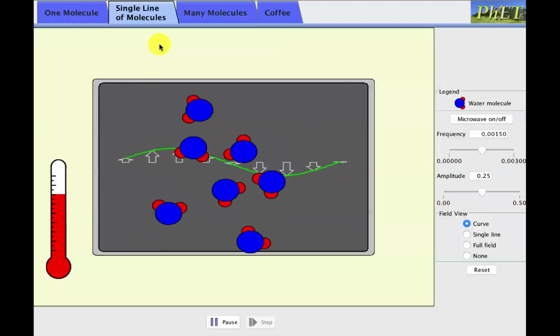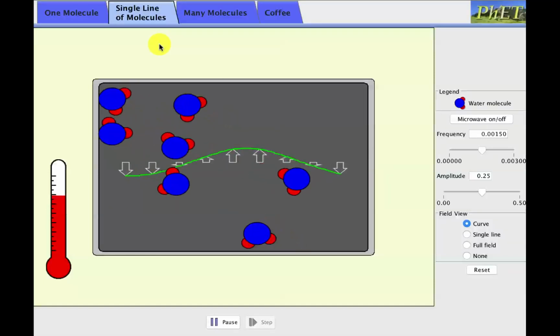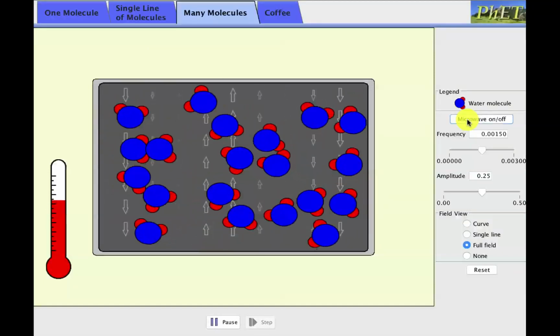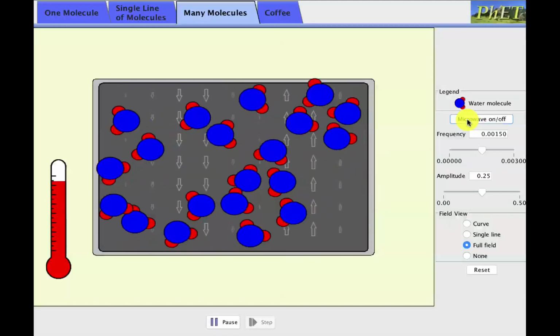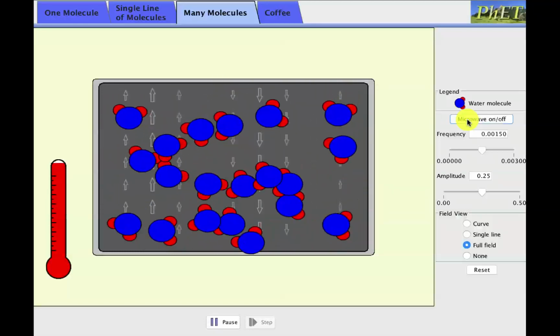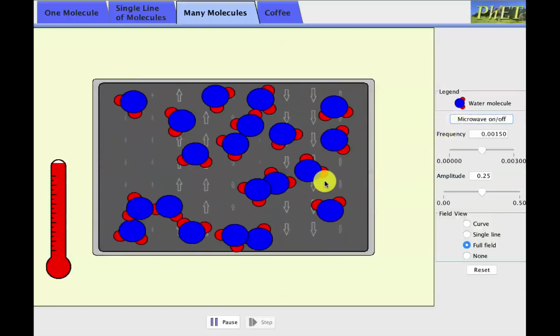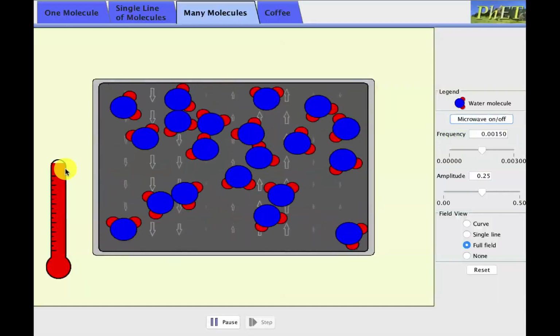But that energy is coming from the electric field of the microwaves. Now, if we go to many molecules, you see that the electric field is increasing, decreasing, it's inducing a random behavior in the molecules. And so the temperature has gone up.